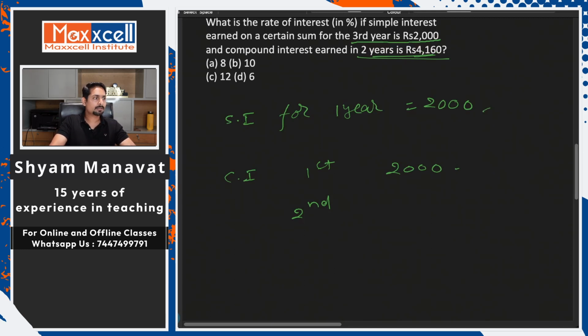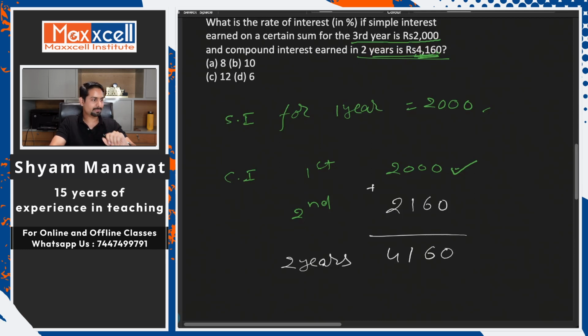Now for the second year, 2 years' interest is 4160, first year's is 2000, so the remaining is 2160. So that will be for the second year. Is that okay? First year plus second year total should be 4160, 2 years. Are you okay with this? So the second year, that was important.